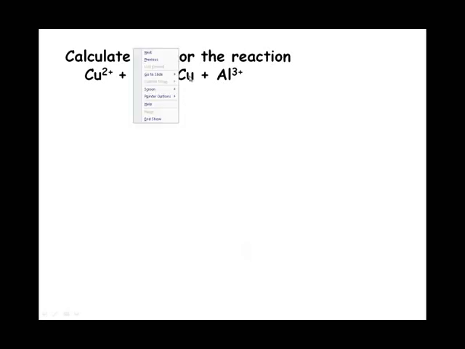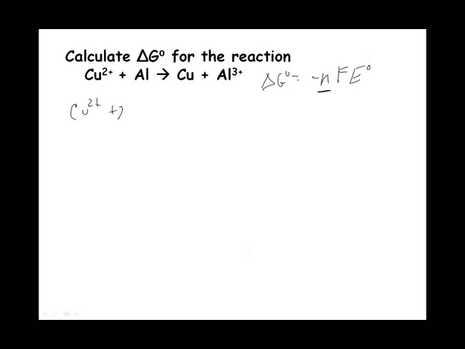If we remember, the equation for delta G naught in standard conditions is negative nFE naught. So I've got to figure out how many electrons are being exchanged first. I have Cu2 plus plus 2 electrons becoming Cu. I have aluminum becoming aluminum 3 plus plus 3 electrons.